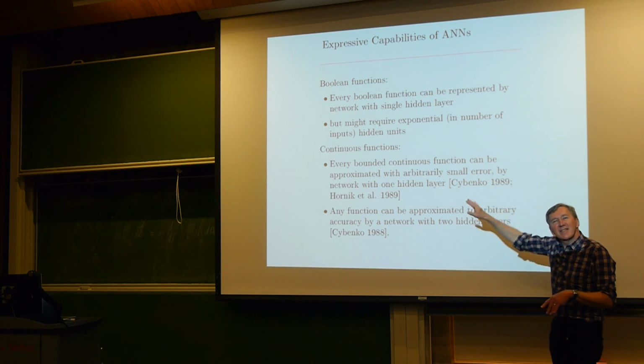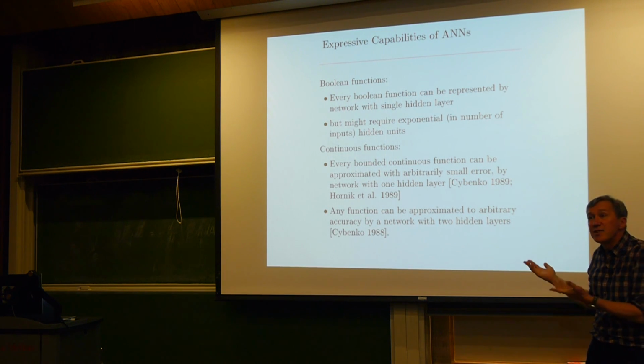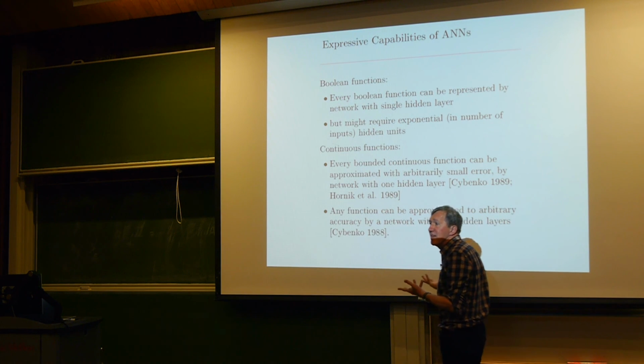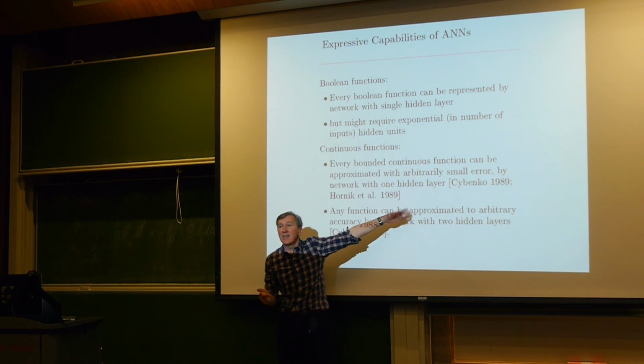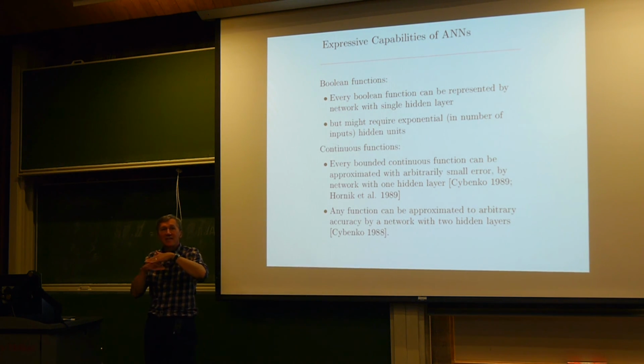So these results actually justify using not very deep networks, at least in terms of the representational capacity of the network. They can represent a very diverse set of functions with these shallow networks of sigmoid functions.